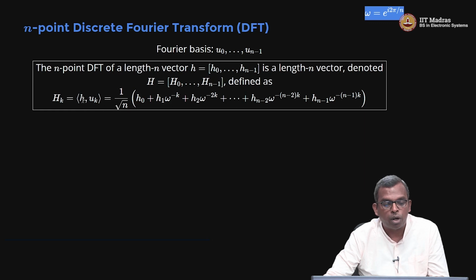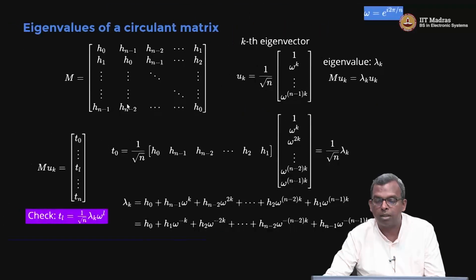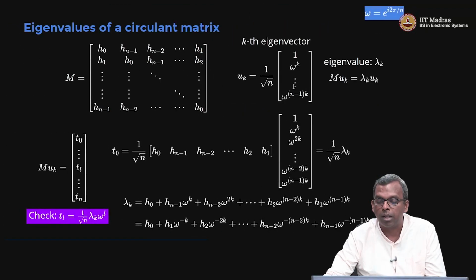Now, what is the inner product of h with uk? Let us just see what uk is. If you do an inner product of h with uk, you're going to get something that looks like this, because for uk I'll have to do Hermitian.